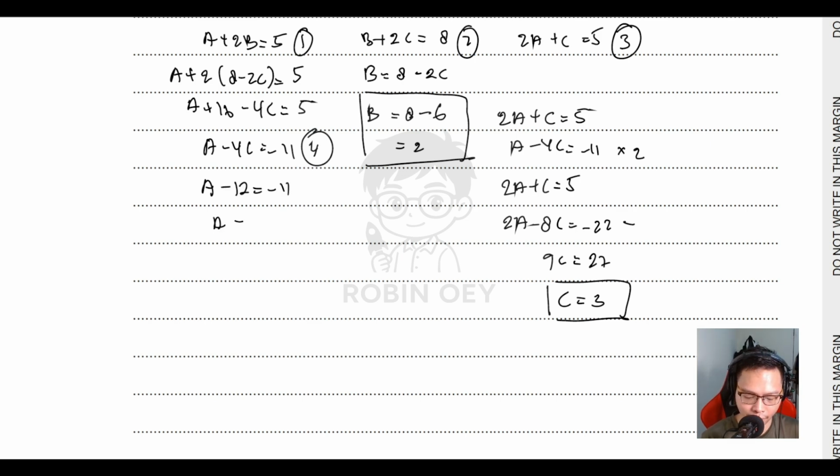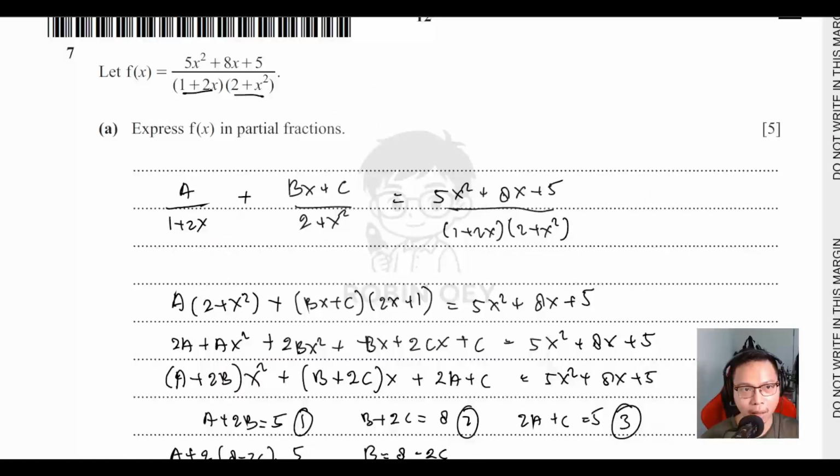So a would be 1. So we have all 3 of them. a equals 1, b equals 2, c equals 3. So it will become 1 over 1 plus 2x plus (2x plus 3) over (2 plus x squared). Okay, so that is for number 7a.